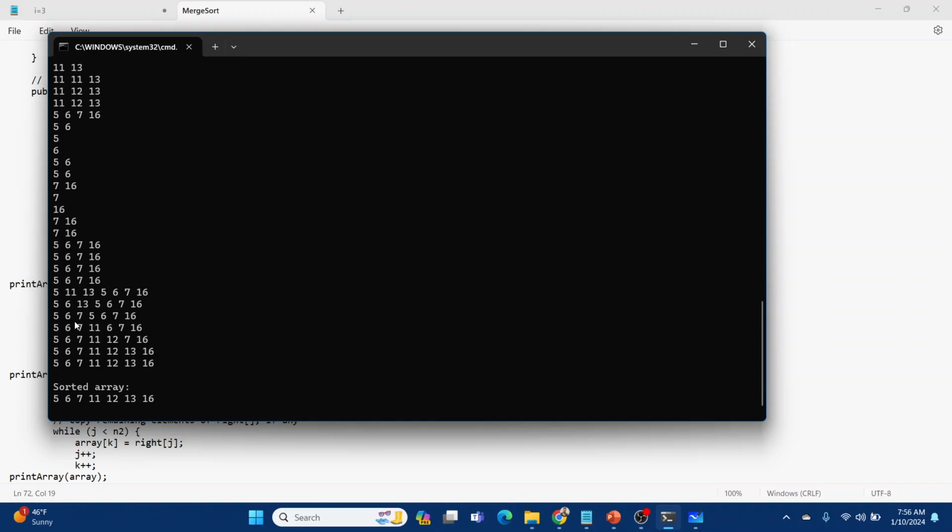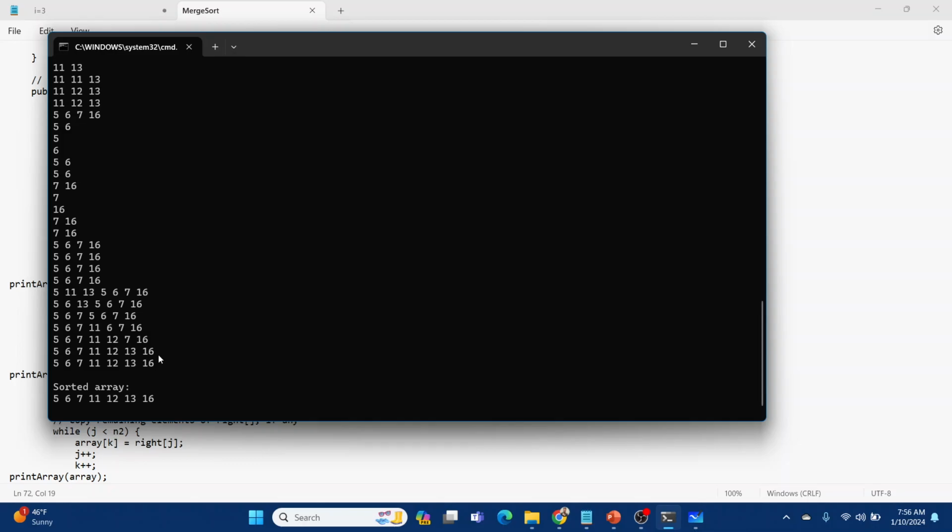So 5, 6, 7, now we are left with 11, 12, 13, 16. From those two arrays, we are taking each and every element and putting it in its right position. So after this iteration, we got 5, 6, 7, 11, 12, 13, 16.